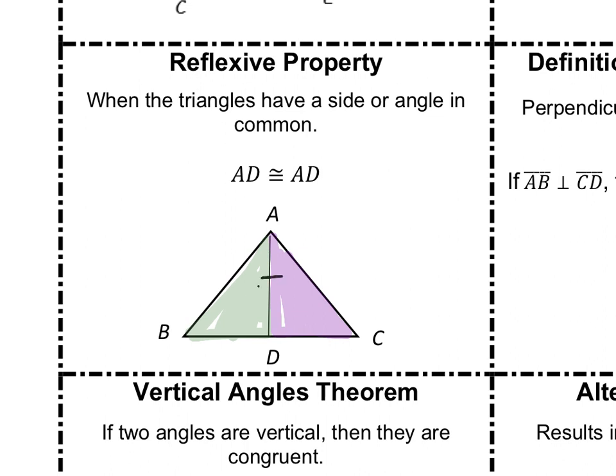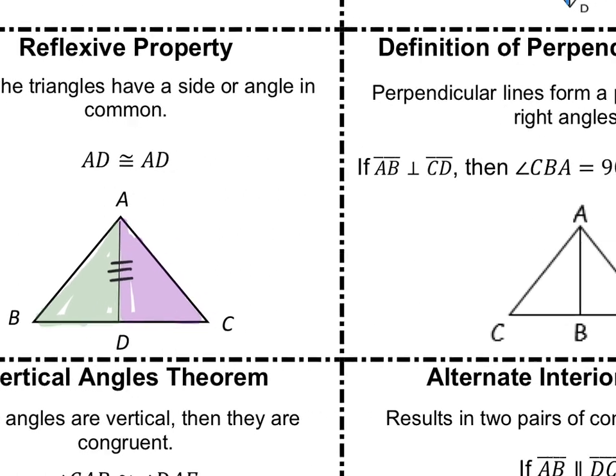That side in the middle is going to be congruent for both triangles because they're literally the same side. So AD is congruent to AD, which seems like a duh. That's why we have this reflexive property. We learned about it way back when, and most everybody was like, that's a useless property. I mean, yes, until you see it in this picture. Since they share the same side or angle, it's the same.